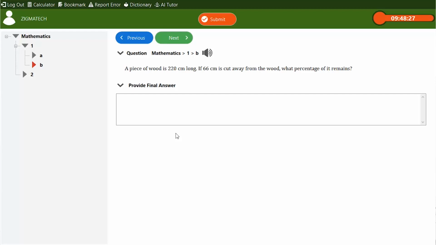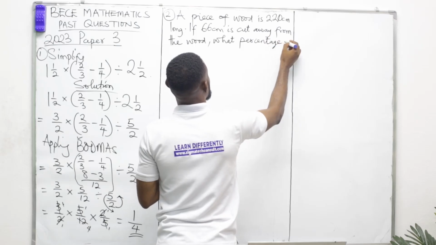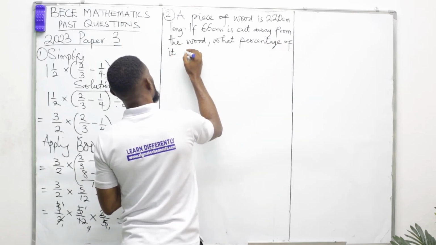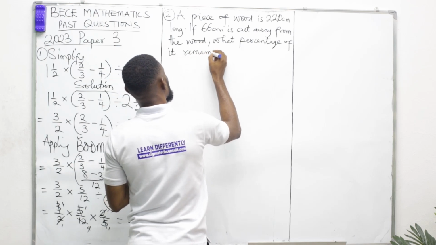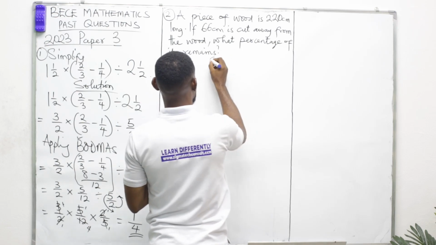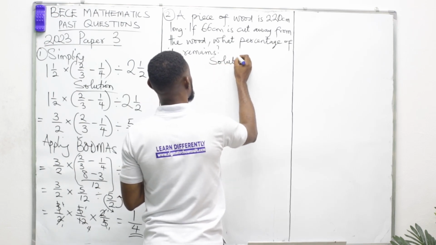If 66 cm is cut away from the wood, what percentage of it remains? That is a question mark. So, solution.